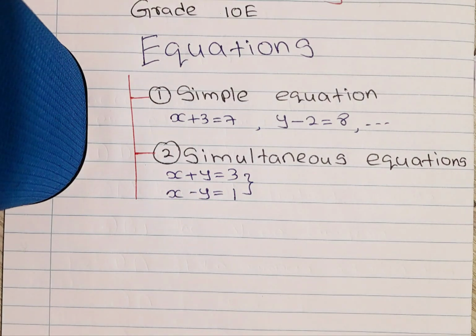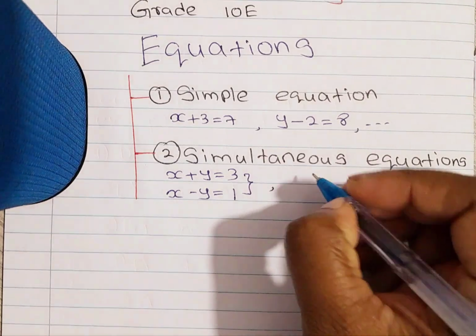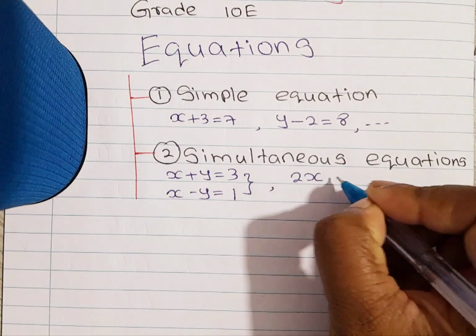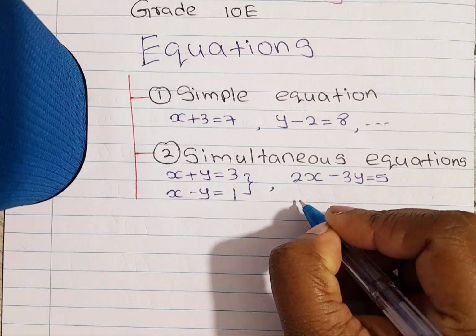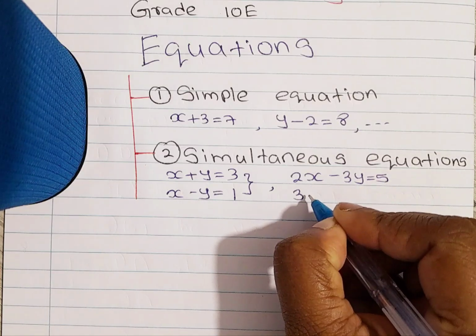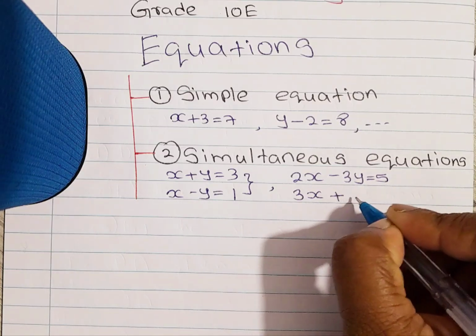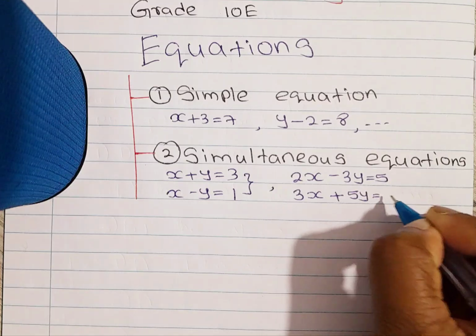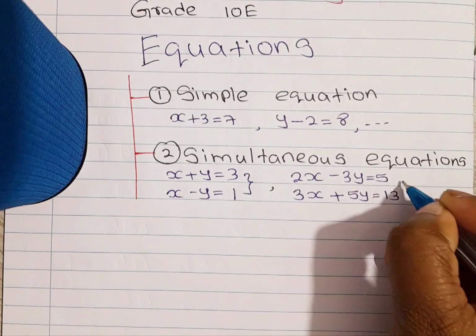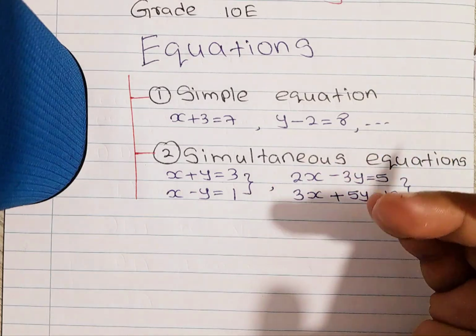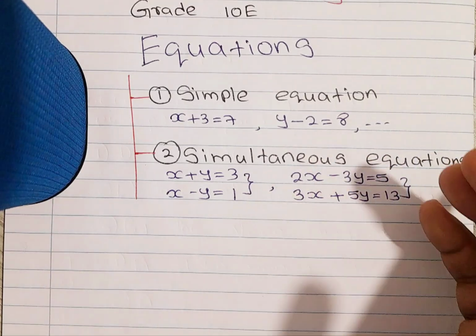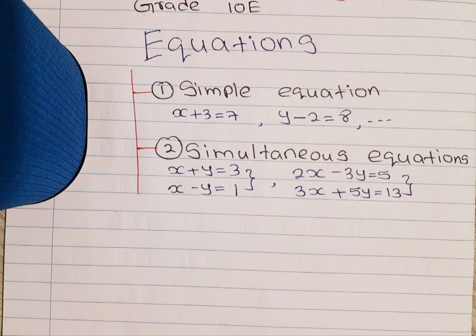Another example is 2x minus 3y equals 5 and 3x plus 5y equals 13. Like this we get the pair of equations and solve them together to find the value of x and y.